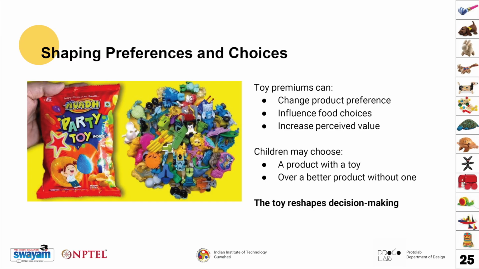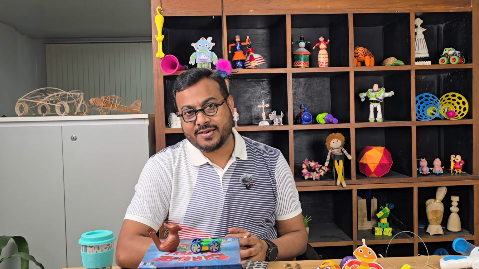Research indicates that children are more likely to select products that include toys, highlighting the strong influence of these incentives on decision-making processes. This makes toy premiums a powerful tool for marketers as they directly affect consumer behavior.